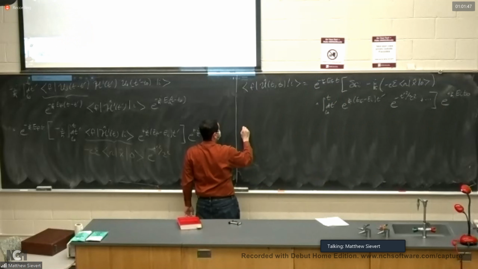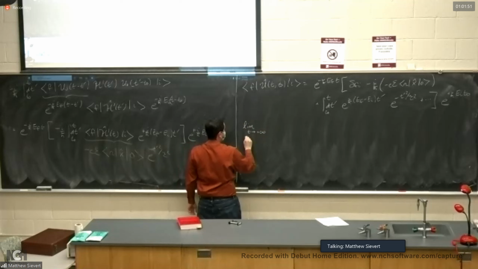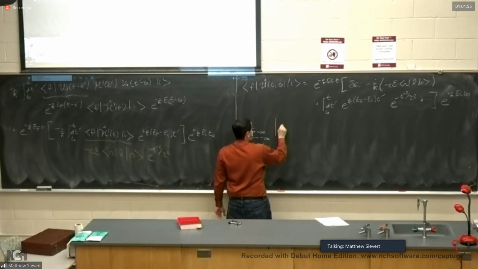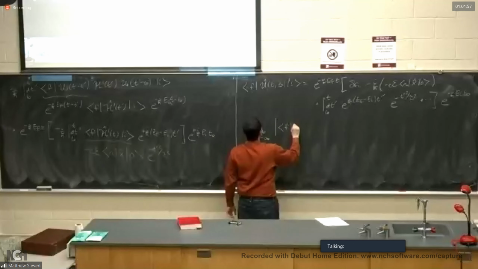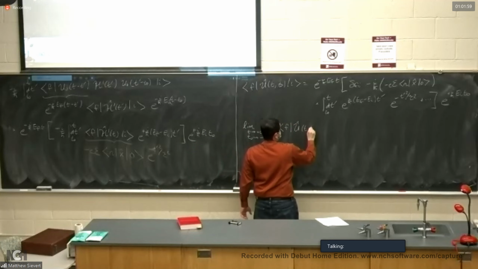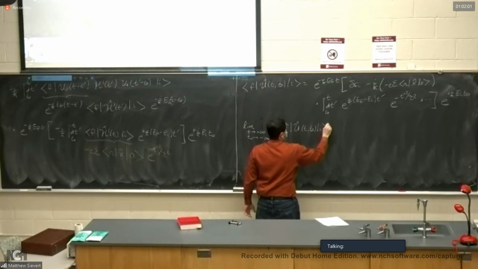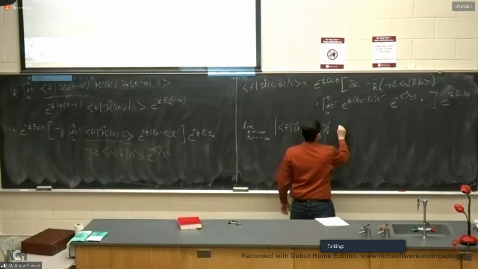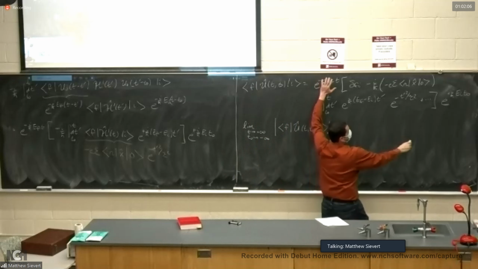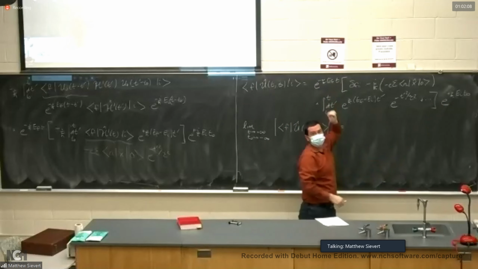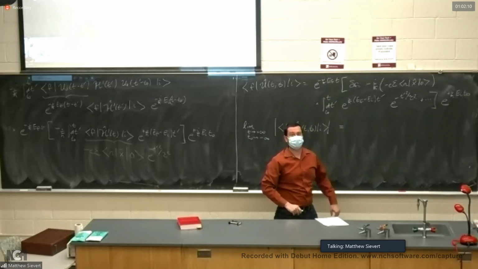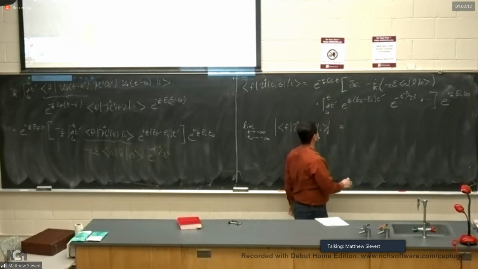Let's take the limit as t goes to plus infinity and t naught goes to minus infinity of that absolute value. The purpose of that is just to get rid of these phase factors at the end that just sit there and oscillate forever, and you can't take a well-defined limit with t going to infinity.